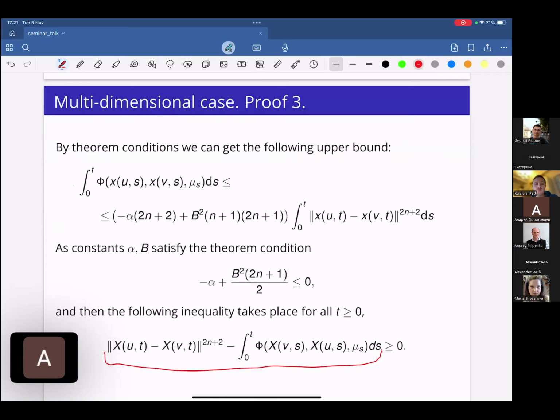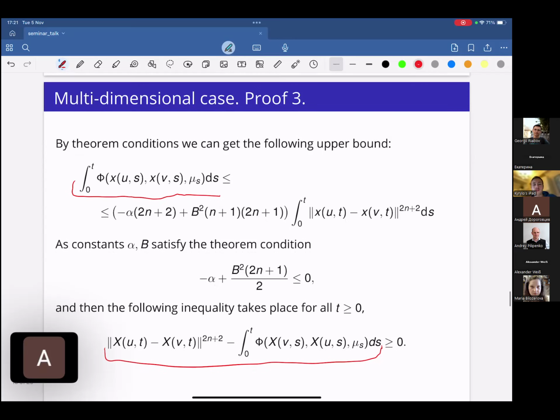We can represent phi, and we can explicitly calculate phi, but because it's two-dimensional, it will be a lot of calculations. These calculations are presented in my paper, but in the presentation I didn't include them because they look a little bit scary.